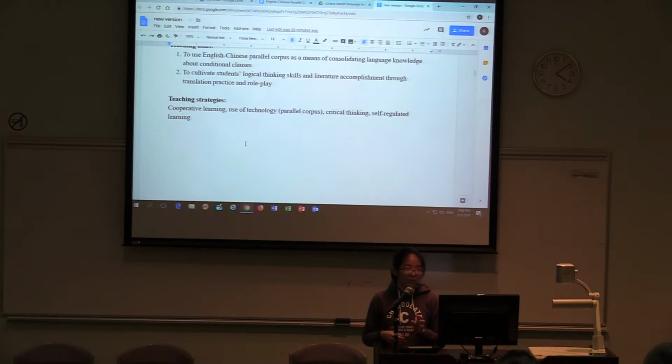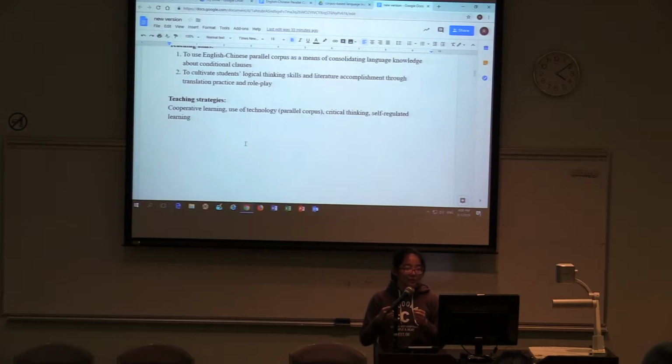And also we try to give students some homework. The homework is, first, the student can try to use those synonyms they found to write or create new sentences from the examples they have found.